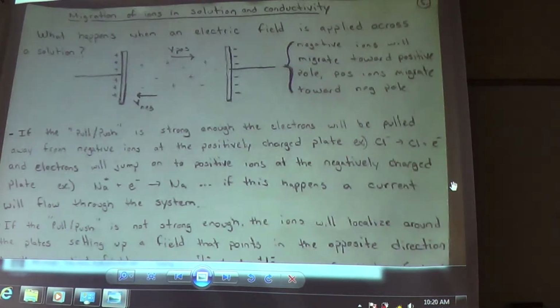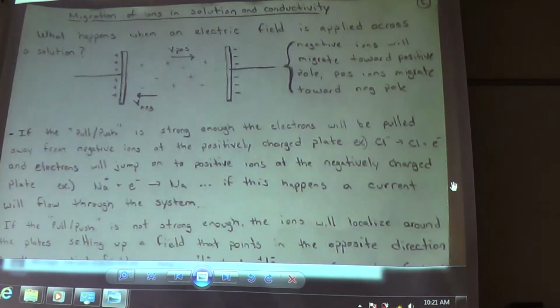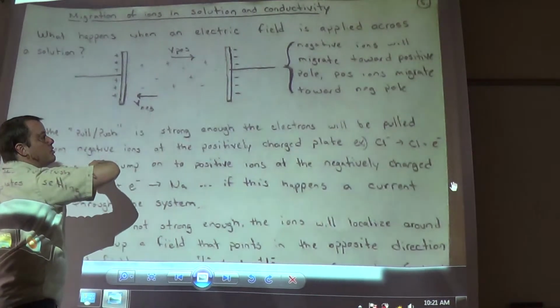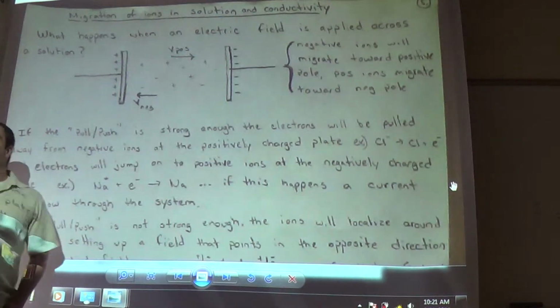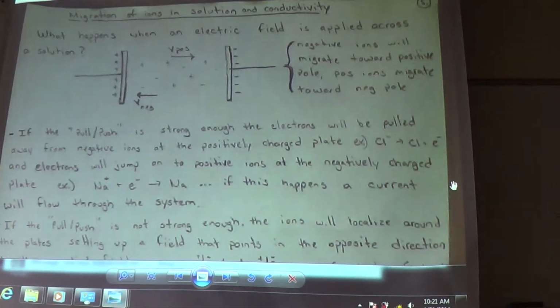If the field is small enough that the plates can't donate their negative charges to the positive ions, or pull the negative charges of the negative ions away and donate them to the positive plate, then you'll just have a net migration of negative charge one way and positive charge the other way. The system will set up a field that points in the opposite direction to the applied field.